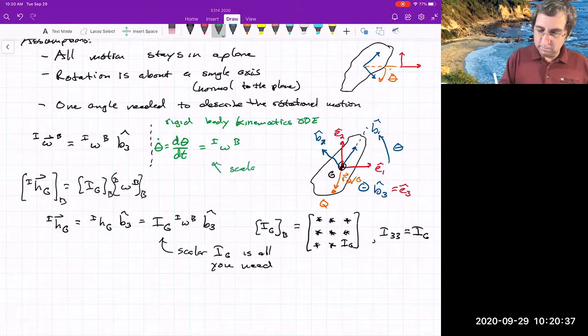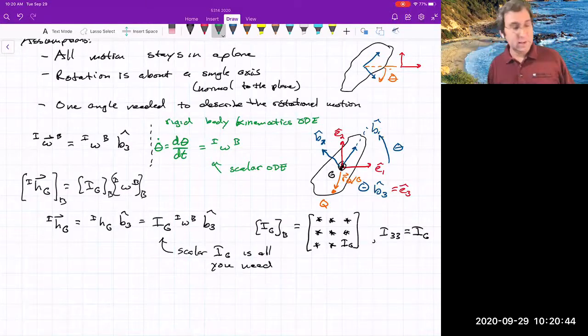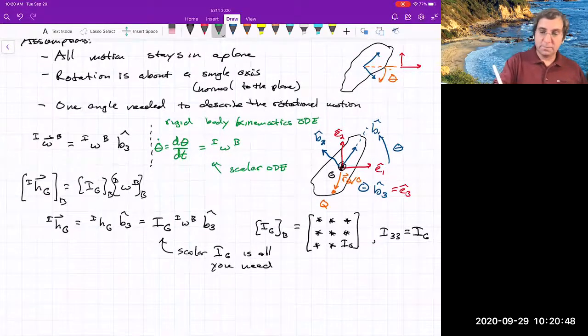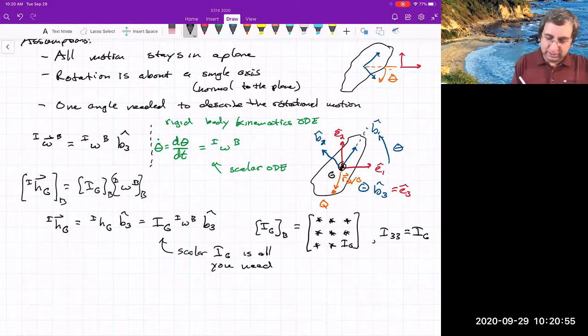Scalar ODE. We don't have a set of three or whatever, we've got just one. So big simplification. The parallel axis theorem, usually that's what you learn in sophomore level dynamics. You learn the parallel axis theorem in 2D.